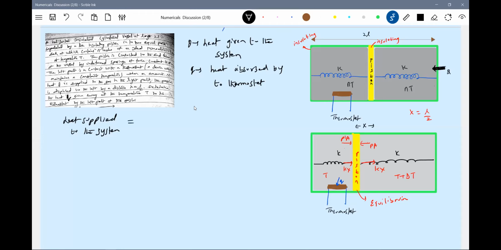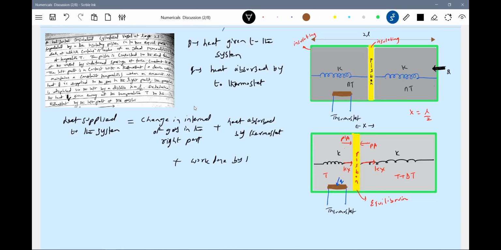That should be equal to the change in internal energy of the gas in the right part, plus the heat absorbed by the thermostat, plus the net work done by the gas in both the chambers. Okay, this much is there.